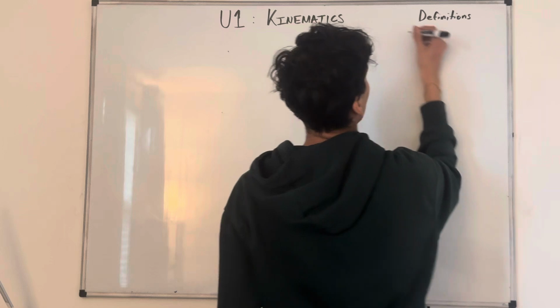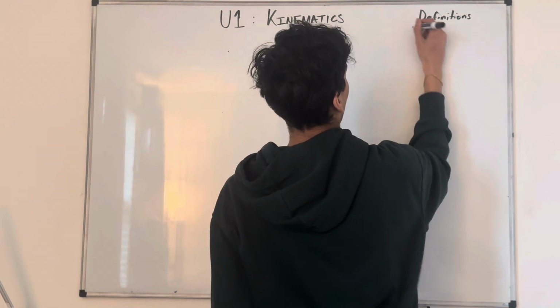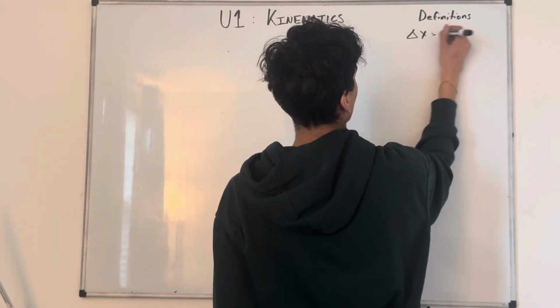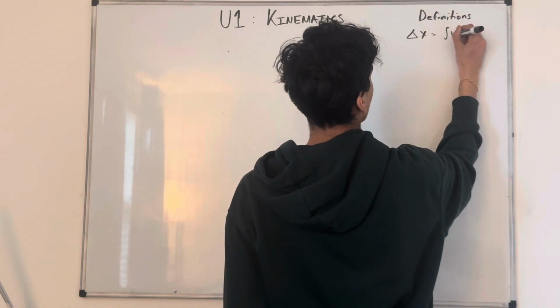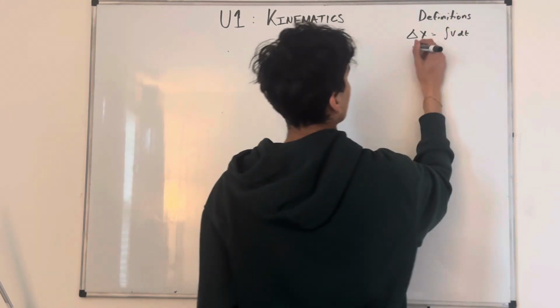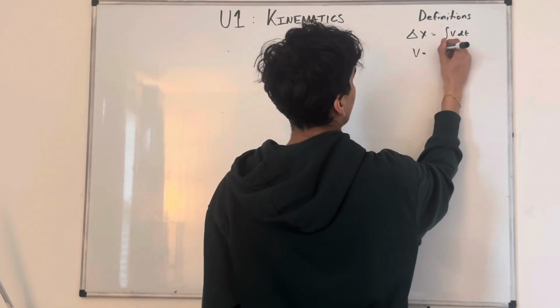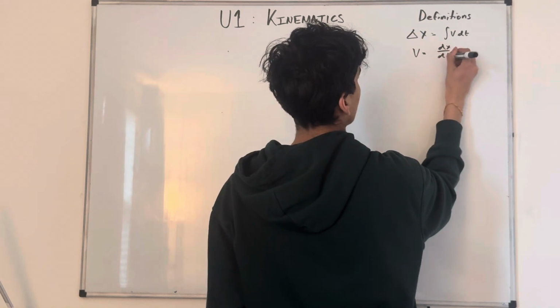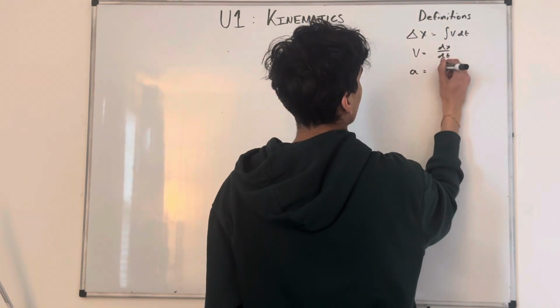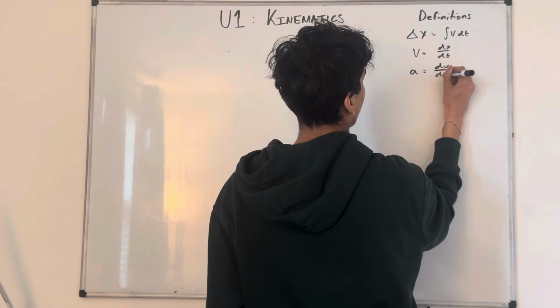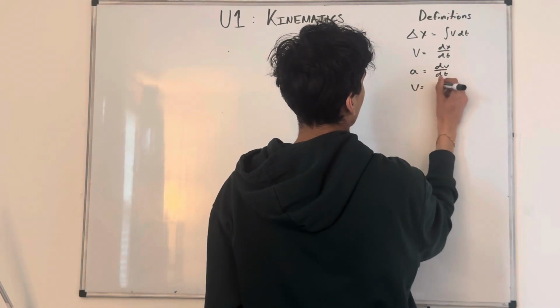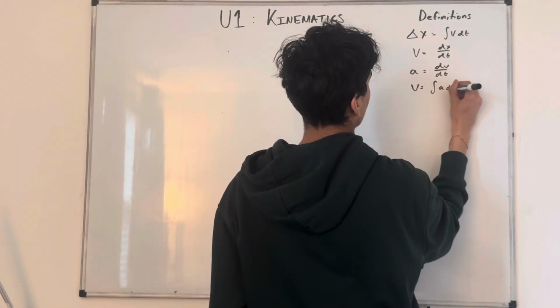So I could say change in x is going to equal the integral of velocity dt, right? Velocity is just dx/dt. Acceleration is dv/dt, and therefore velocity is also the integral of acceleration dt.